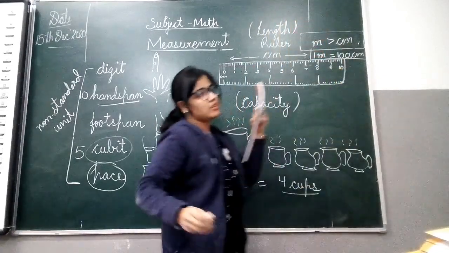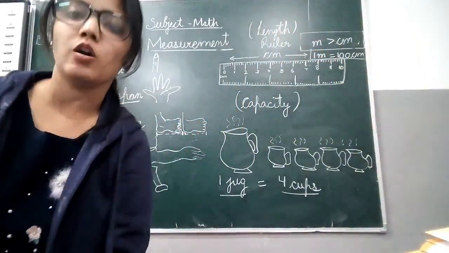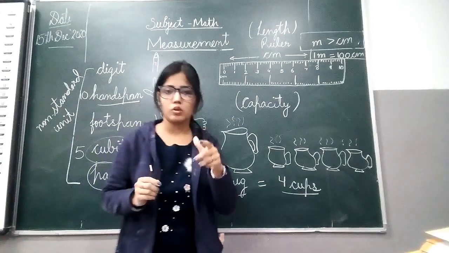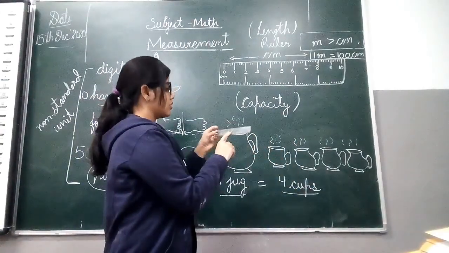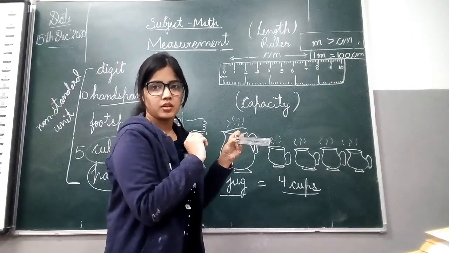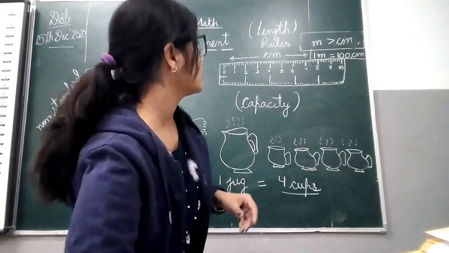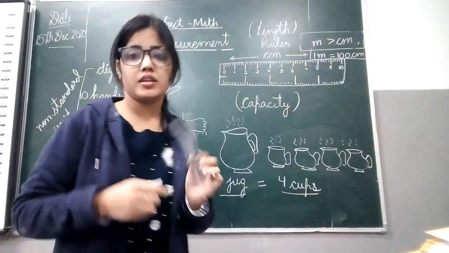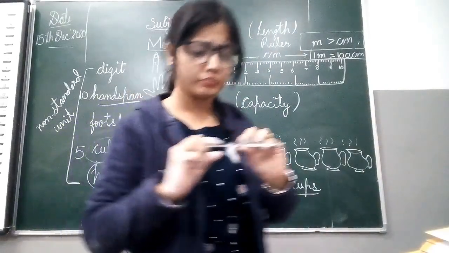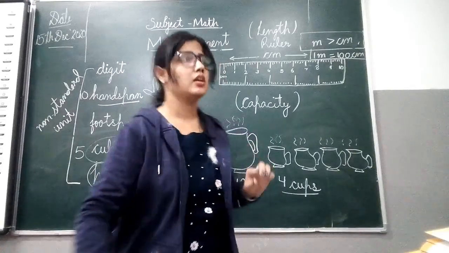So like this we can measure the length of any object by placing the ruler under it and checking up to which number the length is coming. So this is one method. The rulers which we are using have the unit of centimeter.